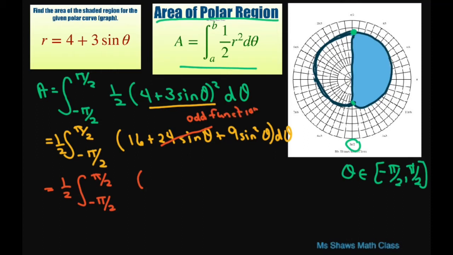If you remember, an odd function is symmetric about the origin, and also if you substitute in negative theta for 24 sine of negative theta, that's going to give you negative 24 sine of theta. So we can take it out and write this as 16 plus 9 sine squared of theta d theta.